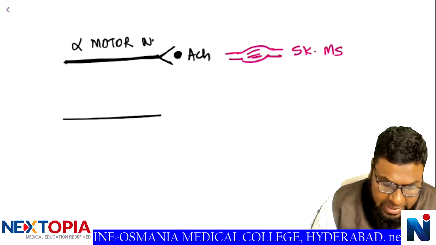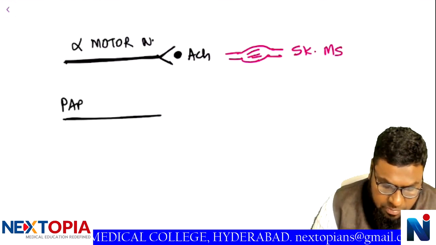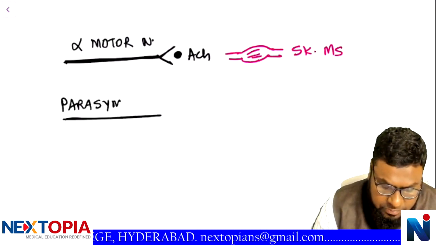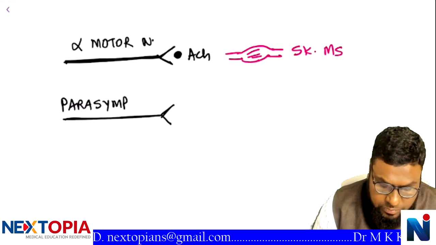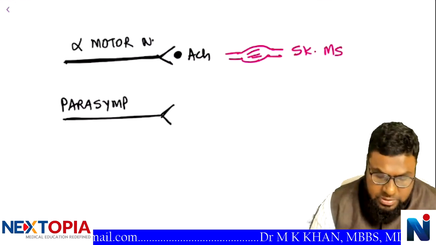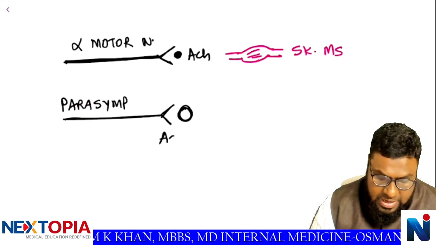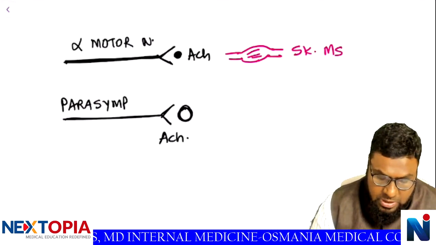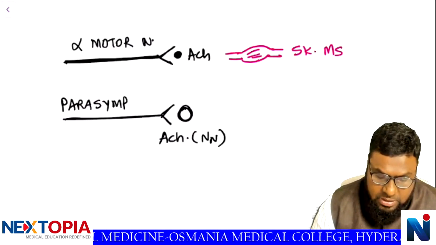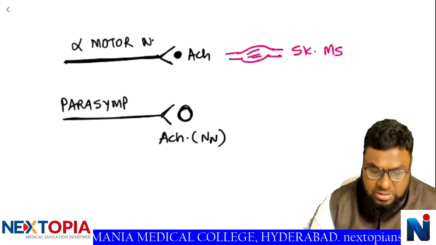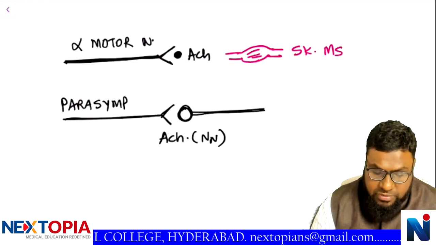If we talk about the parasympathetic system, parasympathetic nerves act on the target tissue via acetylcholine receptors, which are nicotinic N type acetylcholine receptors, if it is preganglionic.